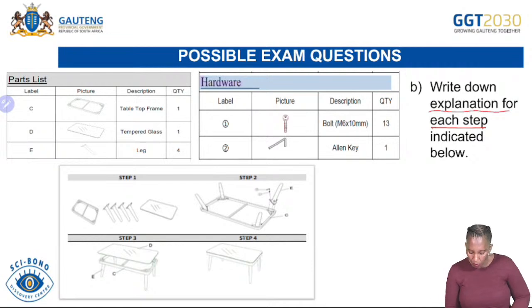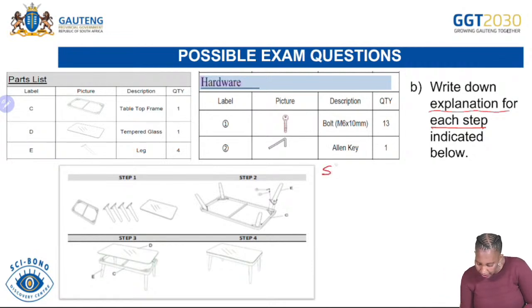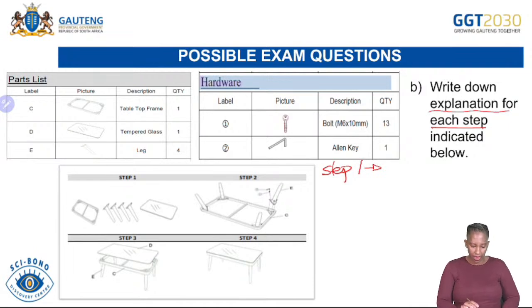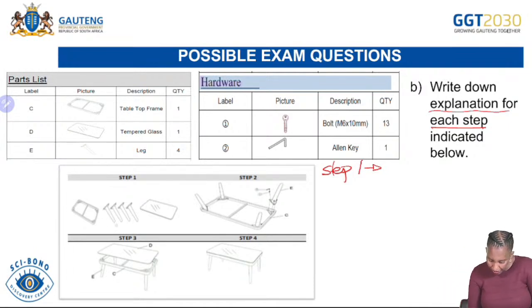Now step number 1, what do we see in step number 1? For me, what I see in step number 1 is the number of legs. I'm counting how many are there. 1, 2, 3, 4. I'm seeing the tabletop frame. There it goes. It's number 1. And then the tempered glass.